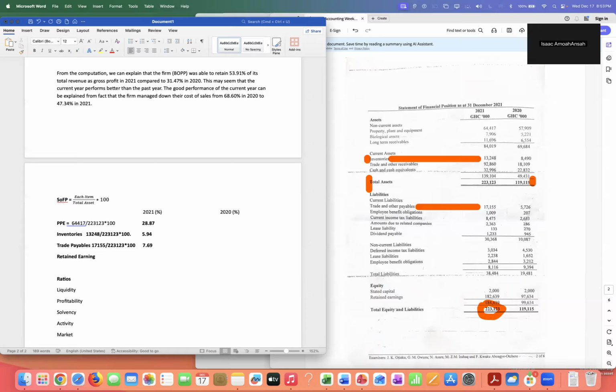The last name will be financial risk ratio. Activity ratios are also referred to as asset management ratio or asset efficiency ratio. And then market ratios are also referred to as investor ratios or investment ratios.